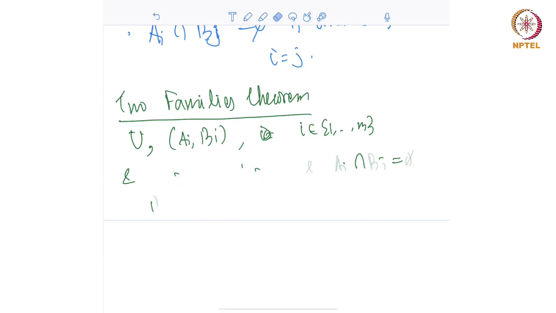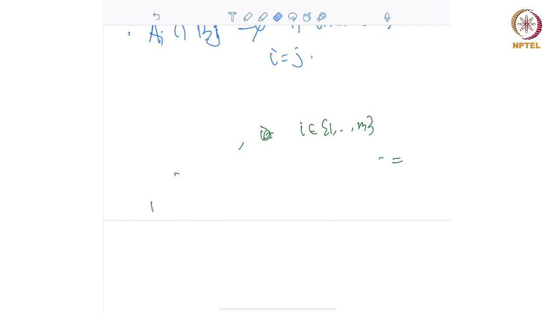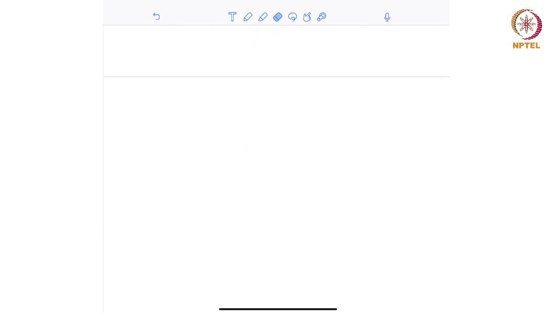This is not cleanly written, so this brings us to what is called the classical two families theorem of Bollobas.